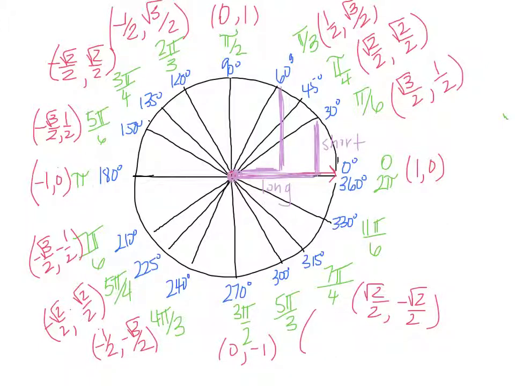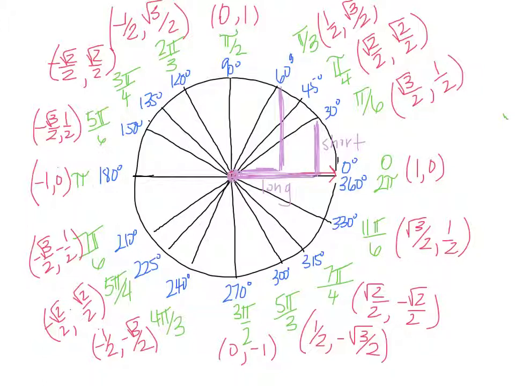So it'll be 1/2, negative square root 3 over 2. And then 330 is going to be the same as what? 30, except the y is negative. Square root 3 over 2, negative 1/2.